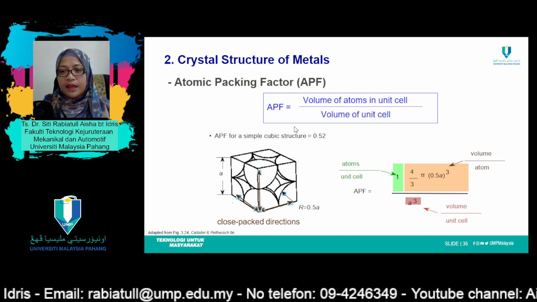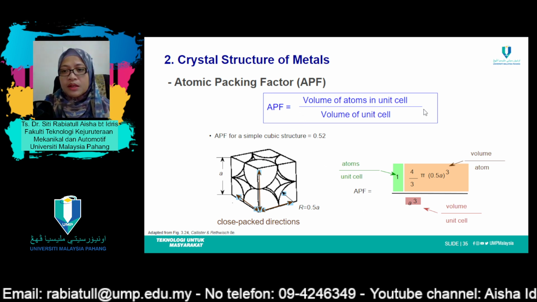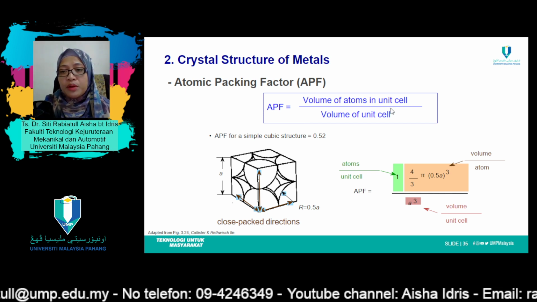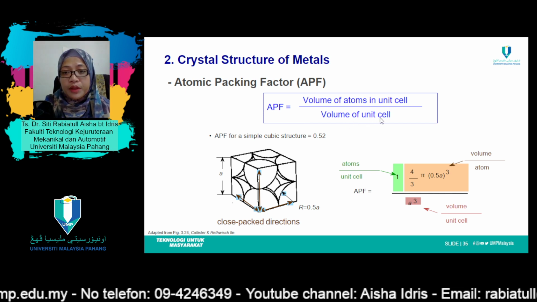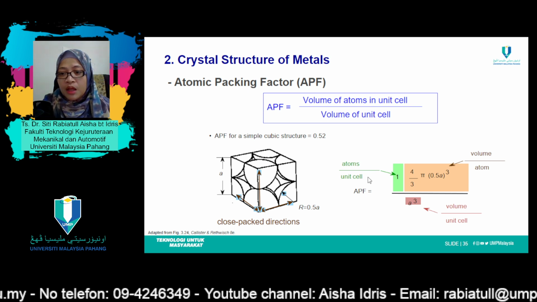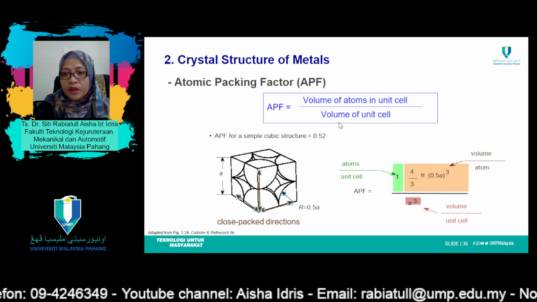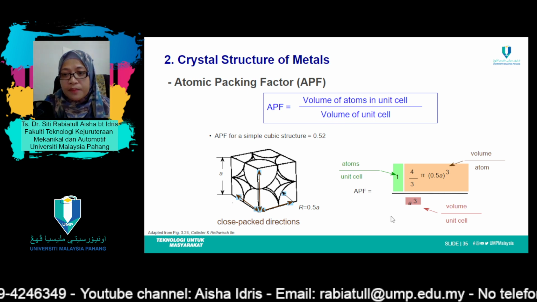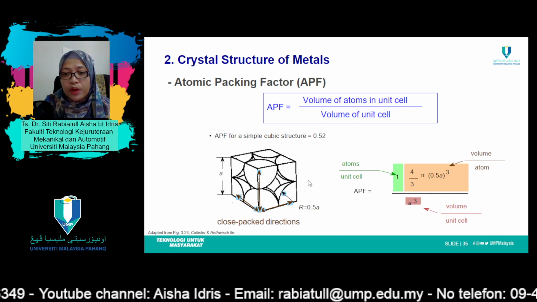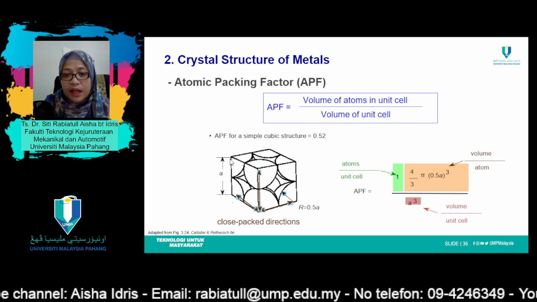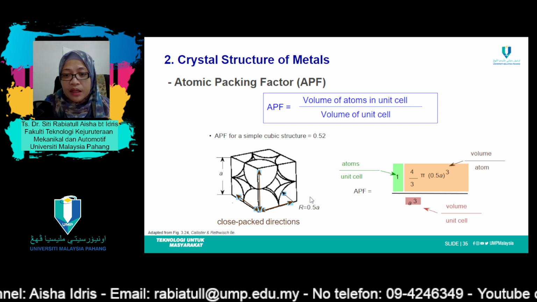Now let's calculate the APF. This is the formula, which equals the volume of atoms in the unit cell divided by the volume of the unit cell. For the volume of the unit cell, this one is very simple. Straight away a cubed, because it is length a times a times a.